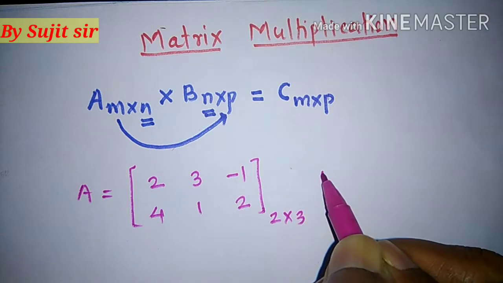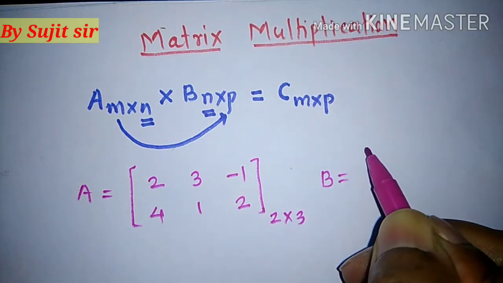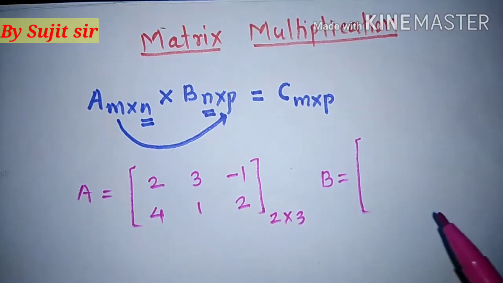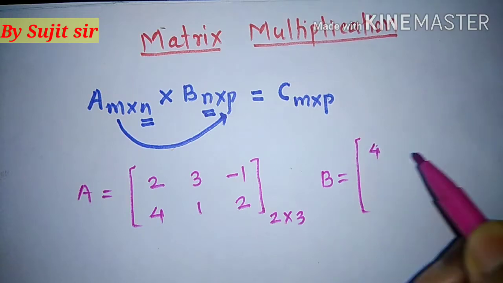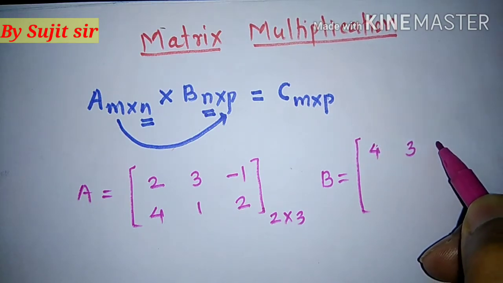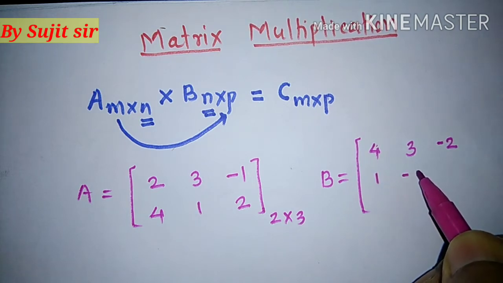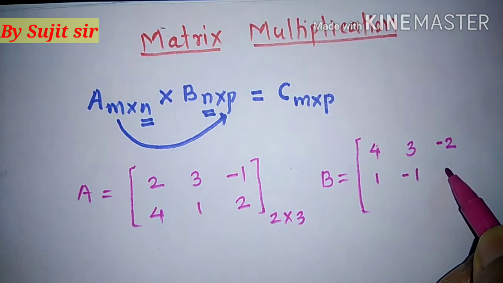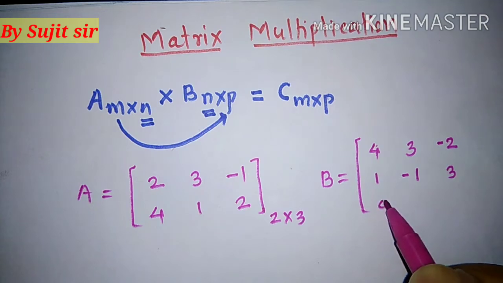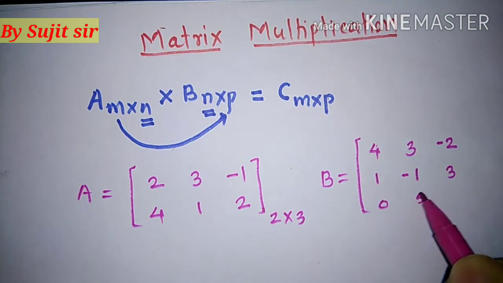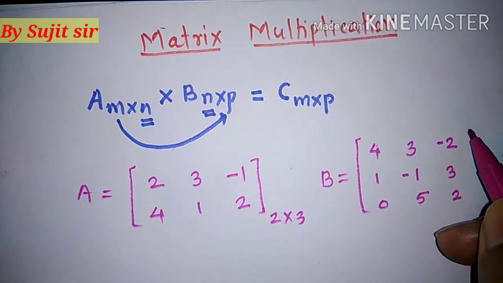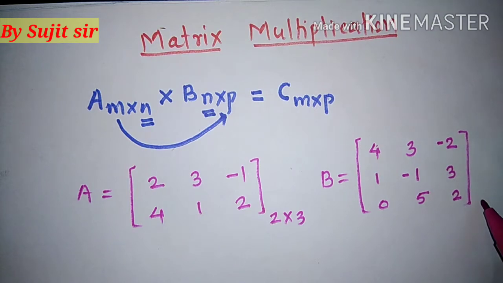And another matrix B: 4, 3, minus 2, 1, minus 1, 3, 0, 5, and 2. So this is another matrix of order 3 by 3.